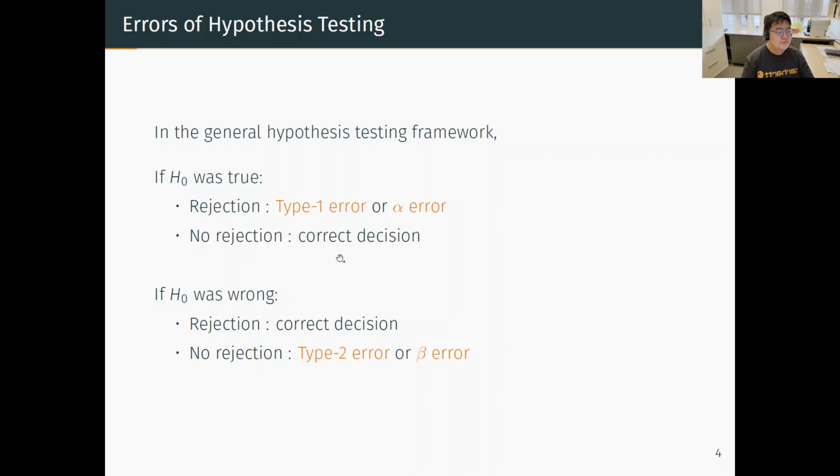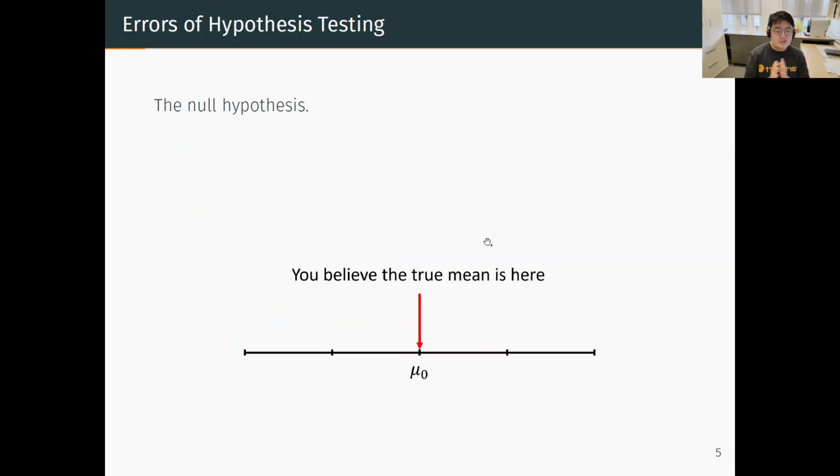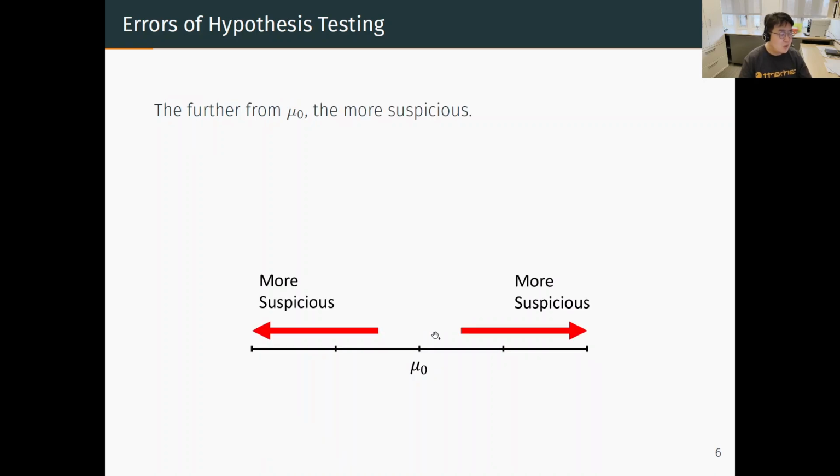So let's think about this. How can we analyze it? Suppose that we believe the true mean is here. That is our null hypothesis. We believe the outcome is more suspicious if it is somewhere outside, far from the hypothesis.